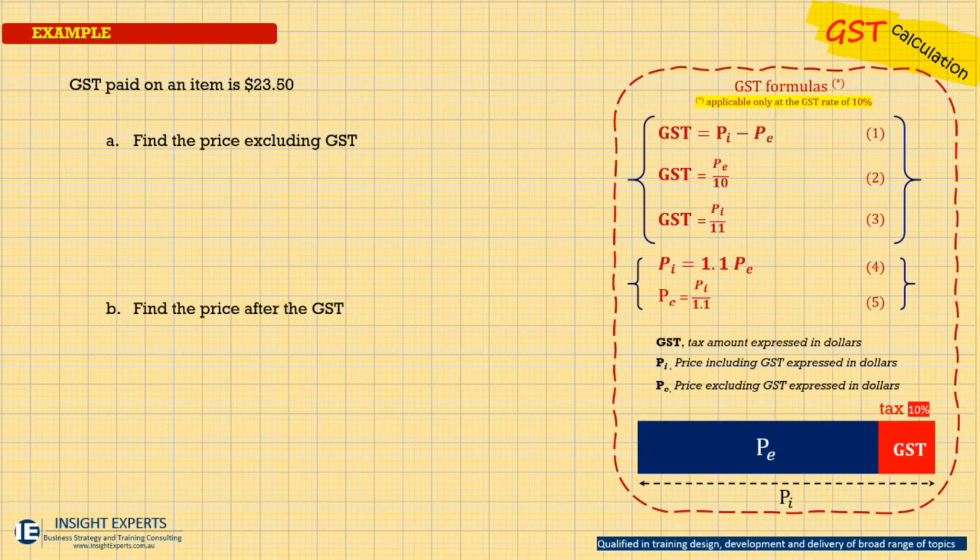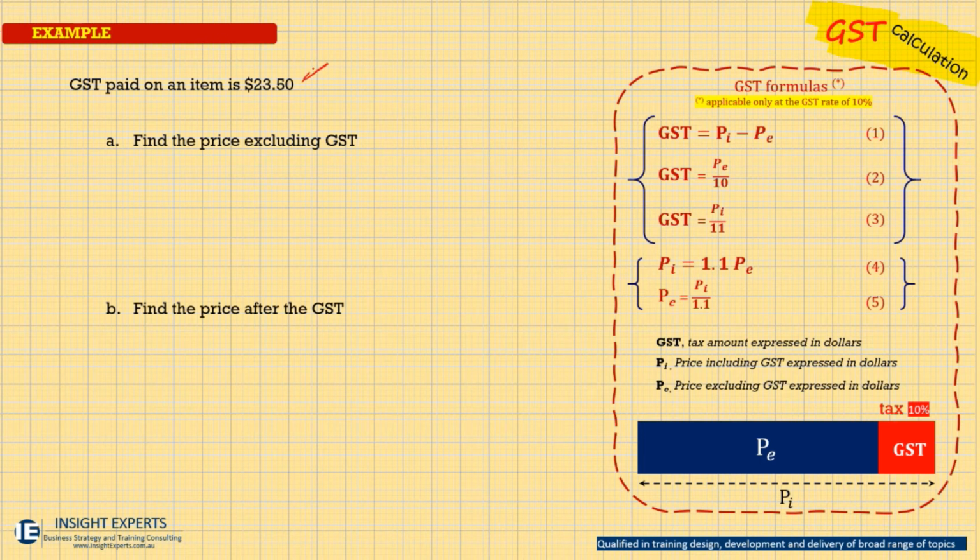This is an interesting question. This time we have the GST amount, and the question is to find the price before and after GST. So how do we find the price before and after GST when the GST amount is given? So again, the price excluding GST, so what we want here is PE, and we want PI, when the GST amount is given.